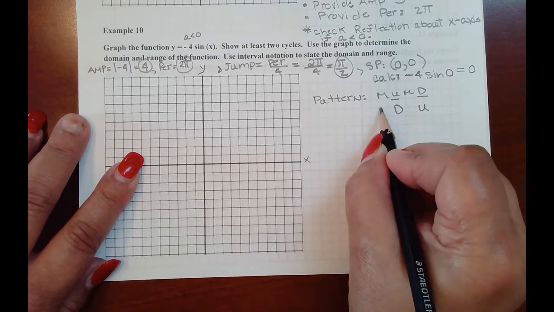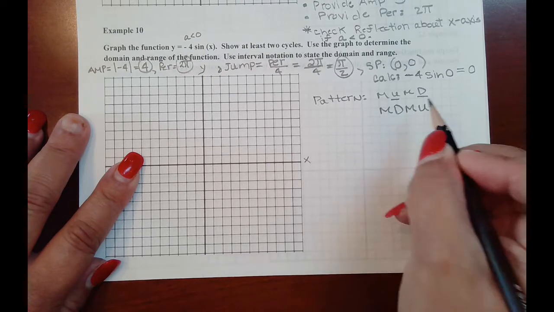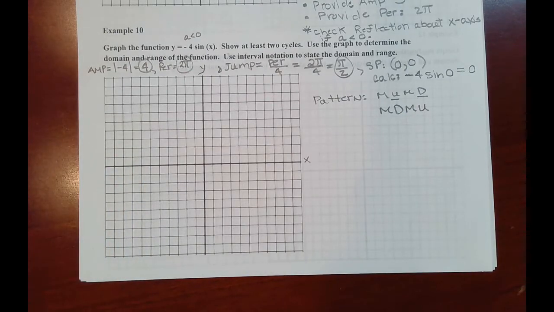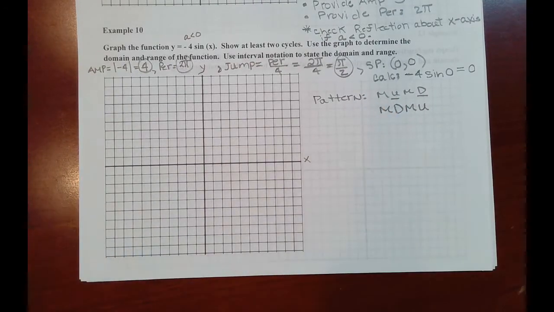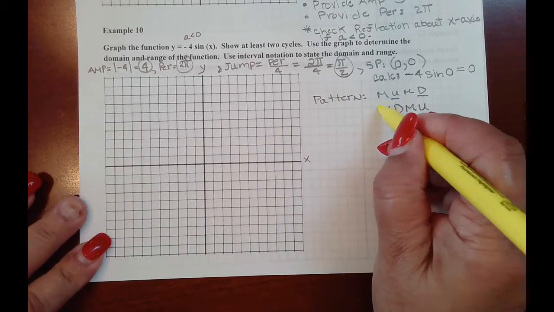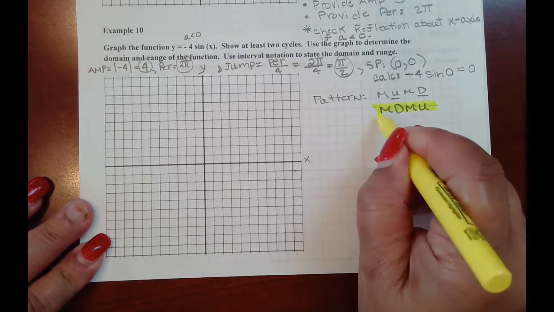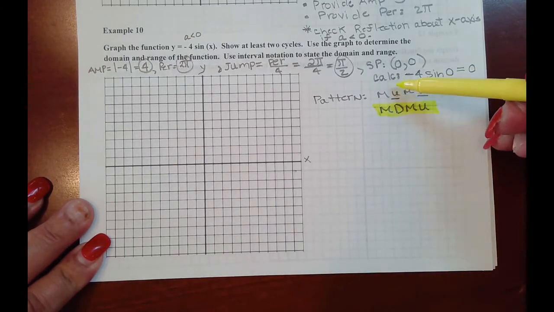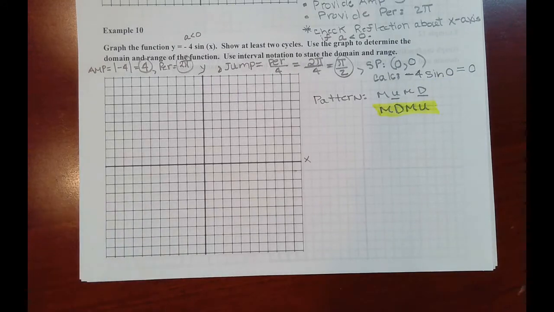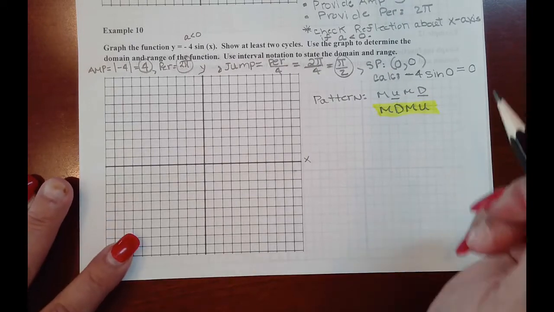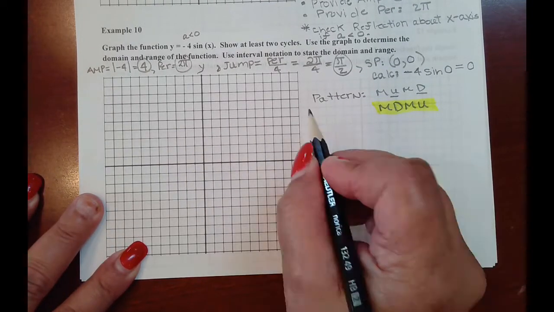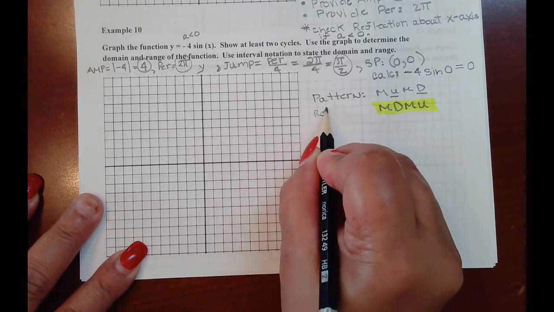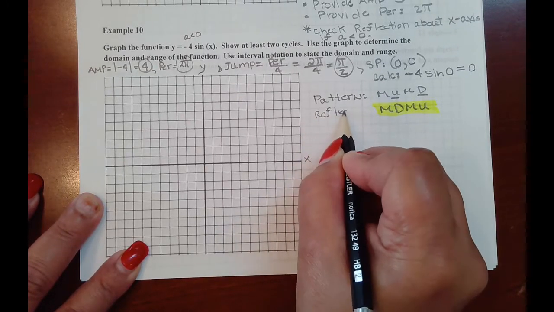That way it'll reverse the direction and make it flip right over the x-axis. But everything else will be based on these values that we've just discovered. So make sure that when you go to graph, you are paying attention to this pattern. I suggest you write the typical one and then look at it and switch it as you're doing it. You can do it in your head if you want to, but more chances for mistakes. So that's the pattern that we are going to be using in order to make the graph reflect over the x-axis.